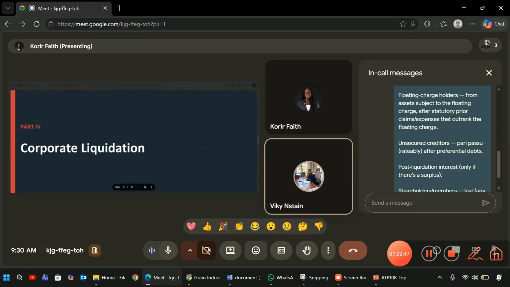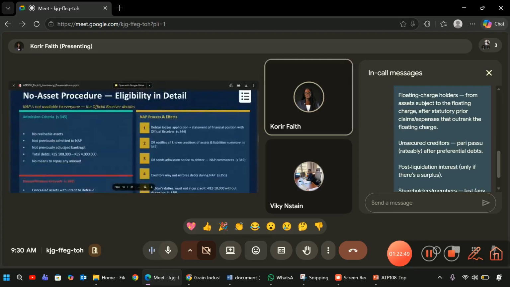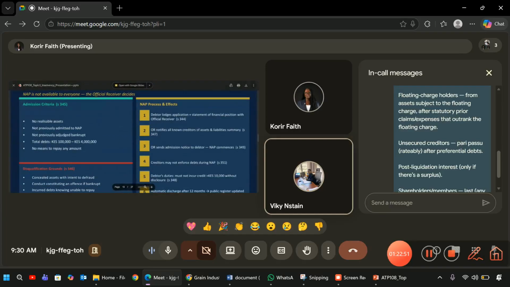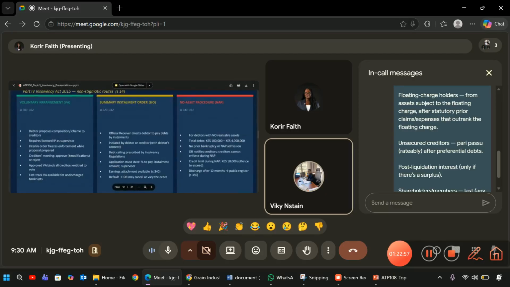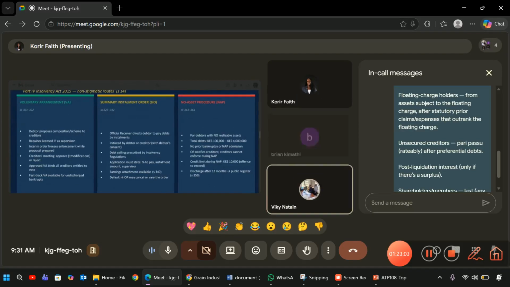Thank you, Jebet. But before you go to corporate liquidation, there are some key things I want to confirm, not from this slide, the previous slide, the one that has listed the 3 processes. I want to be able to identify that this is a summary installment order procedure, these are no asset procedure, these are voluntary arrangement procedure.